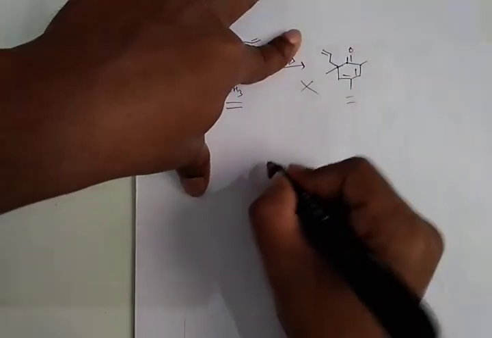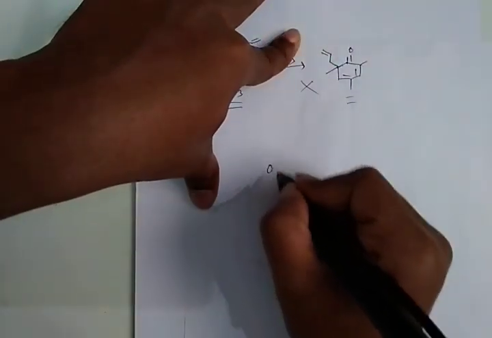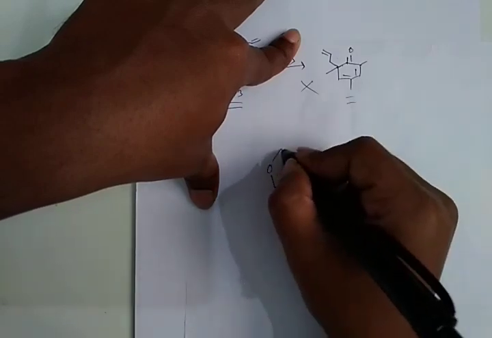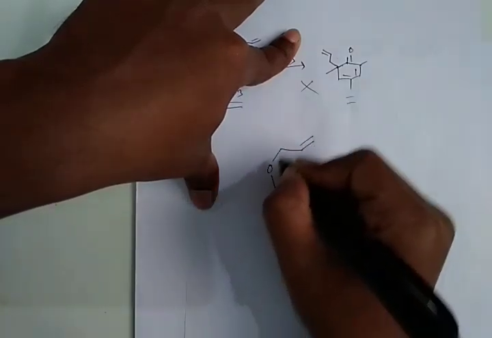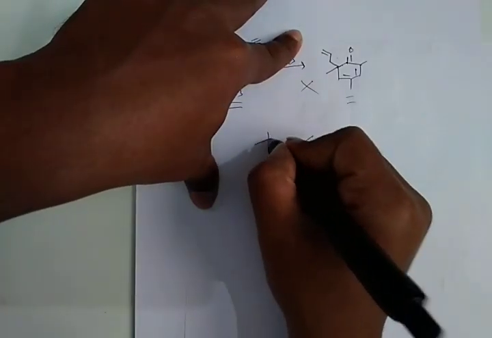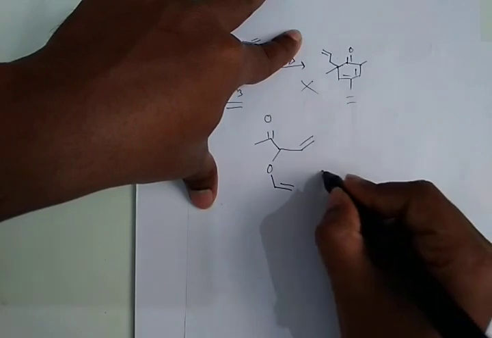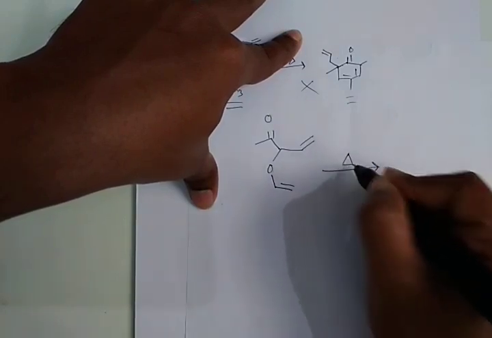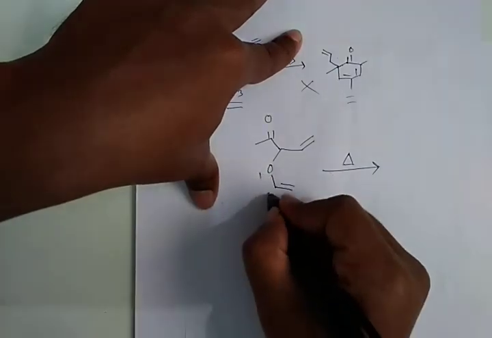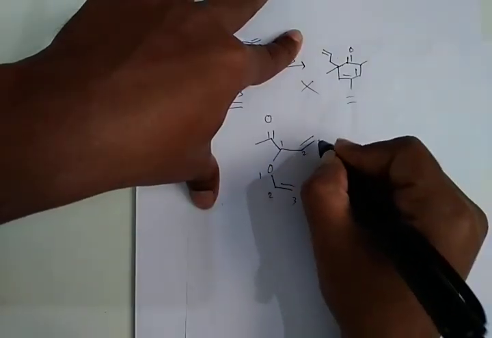Now we'll see something from aliphatics. If this compound is heated, remember it's an intramolecular reaction. So 1, 2, 3, 1, 2, 3.